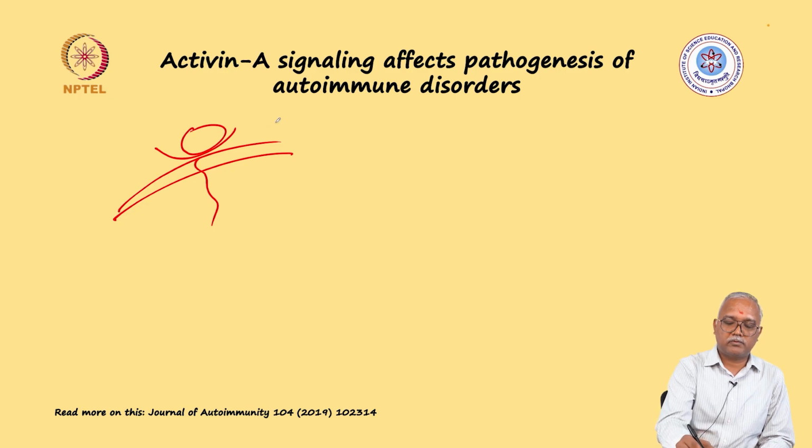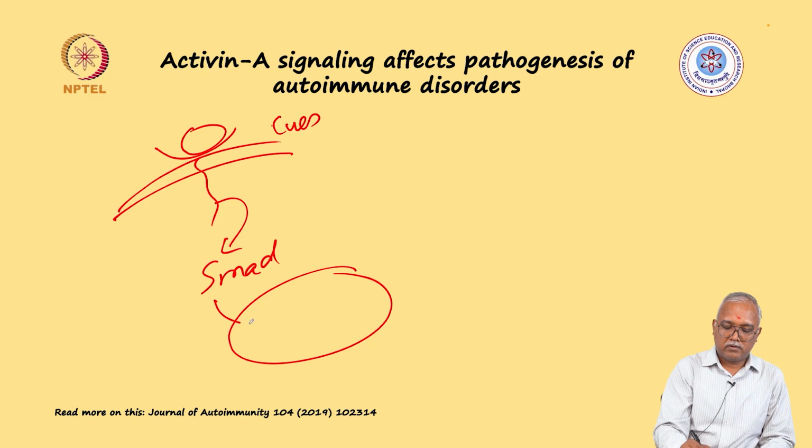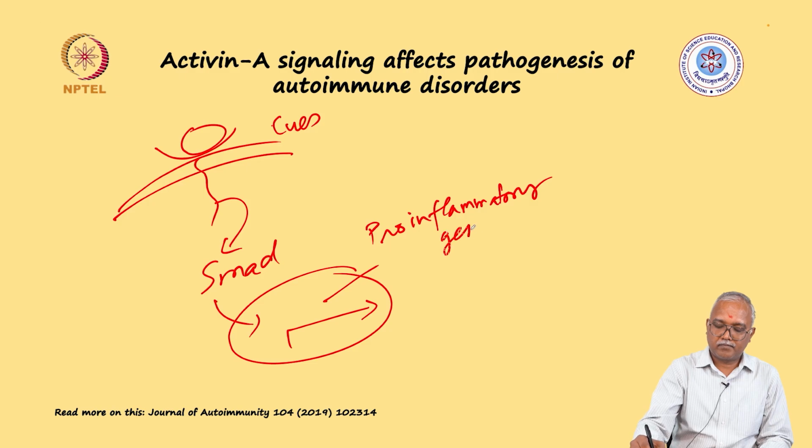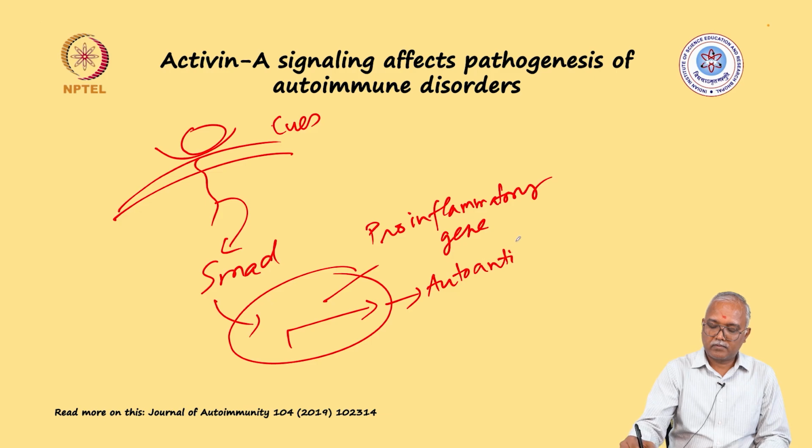So in some sense, what we saw is that activin signaling, in response to cues, SMAD inside the nucleus, I said that it can activate pro-inflammatory genes, or it can ensure that the autoantibody generation is reduced or diminished.